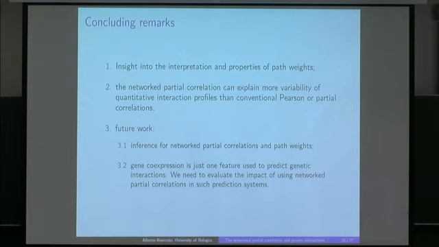The inference for these quantities is a completely open problem, and in this application to genetic interaction it's a very early stage. We have to consider more sophisticated models, including other quantities to predict the genetic interactions, and see how network partial correlation actually works in these full models. That's all. Thank you for your attention.